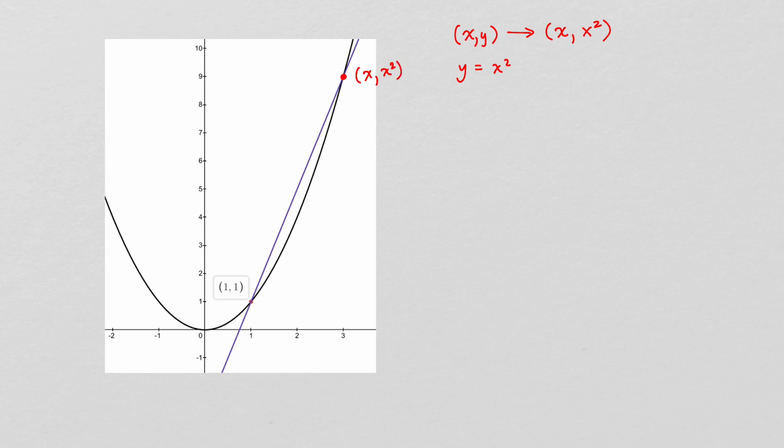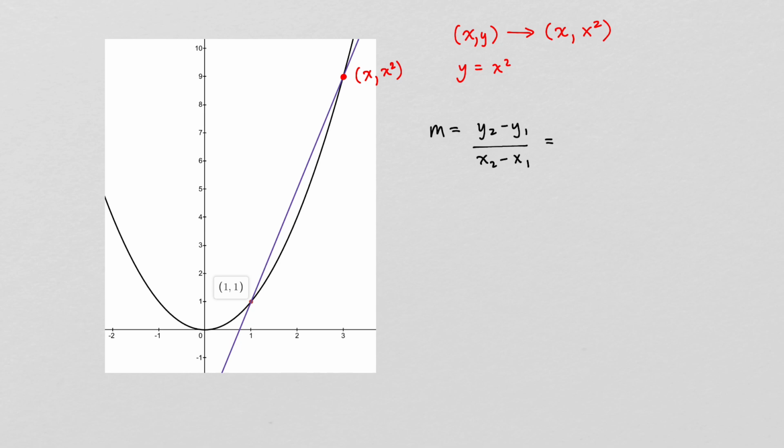Now let's talk about finding the slope of this line. Now this is not the tangent line. This is what we call a secant line, as this line intersects the graph in 2 points. So let's recall how we find the slope of a line. We can do this by remembering that the slope of a line is found by subtracting the y-coordinates of the points divided by subtracting the x-coordinates of the points.